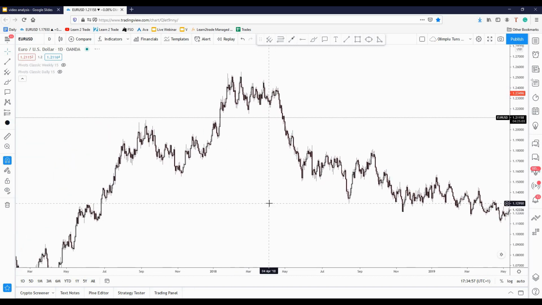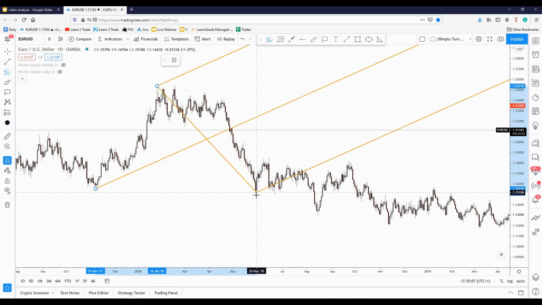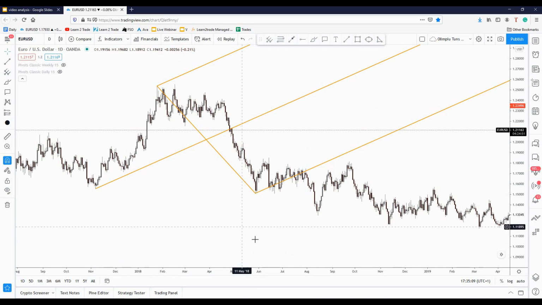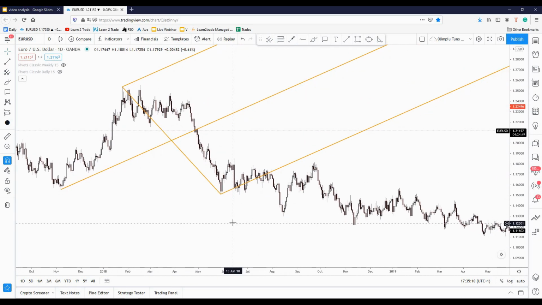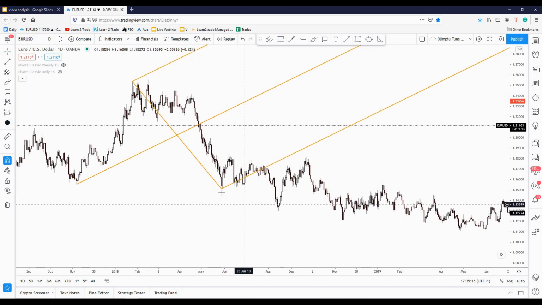Very important. And let's take this example here. 1, 2, and 3. So I'm drawing an ascending pitchfork this time because I really want to take this example.